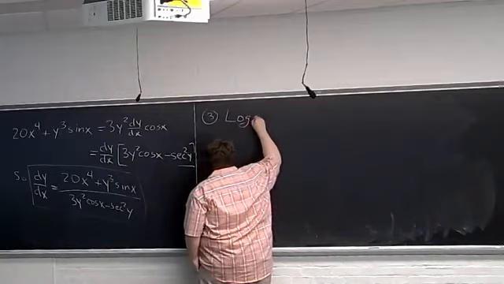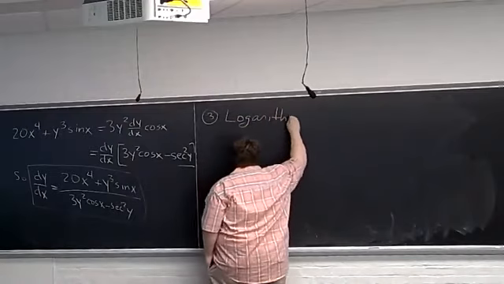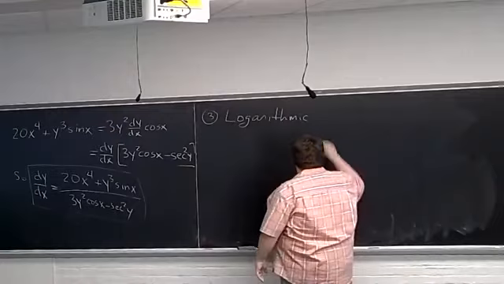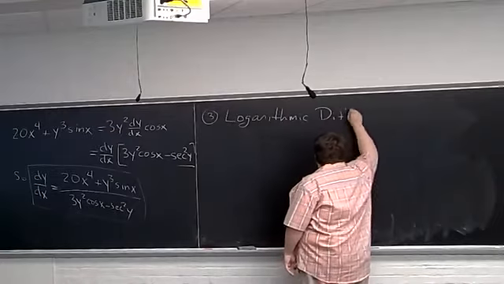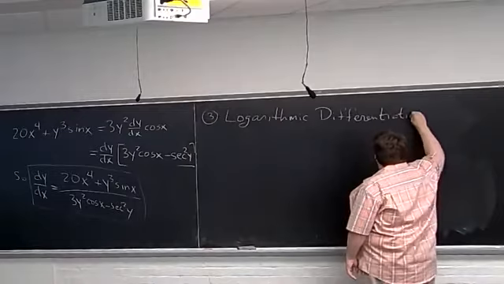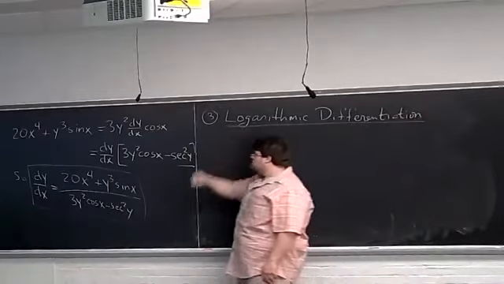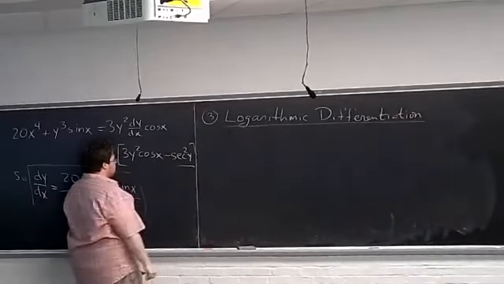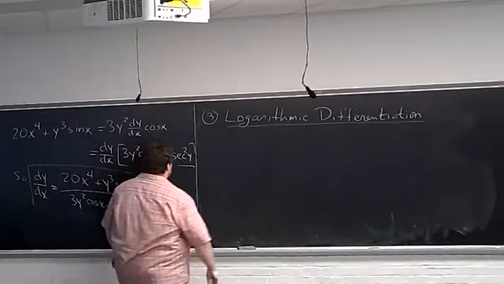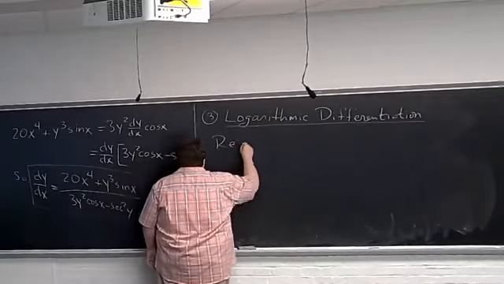Logarithmic. 3 meaning third in the list of consequences of chain rule. Logarithmic differentiation. What is logarithmic differentiation? Well, we'll see. But to build to this, let's make 2 recollections.